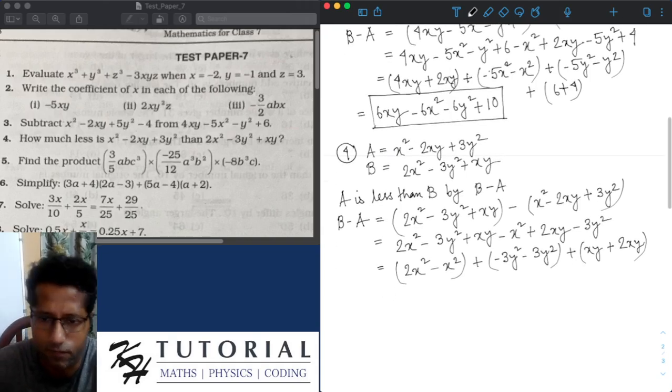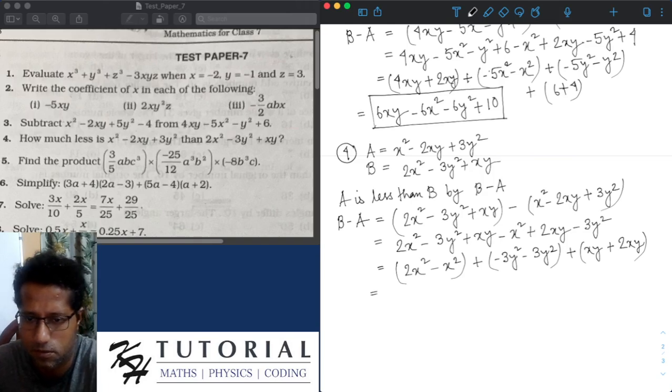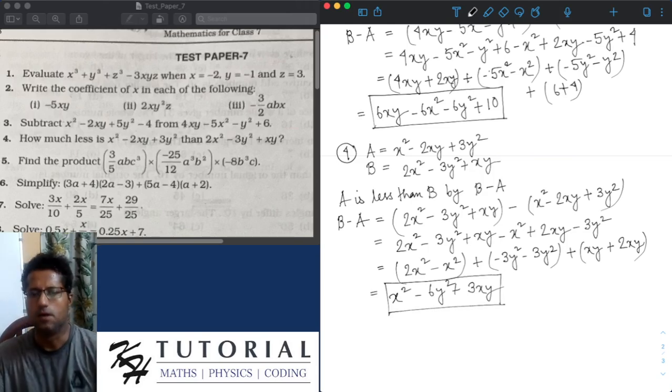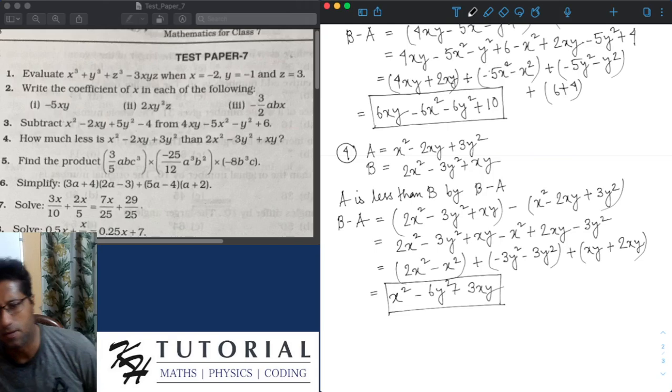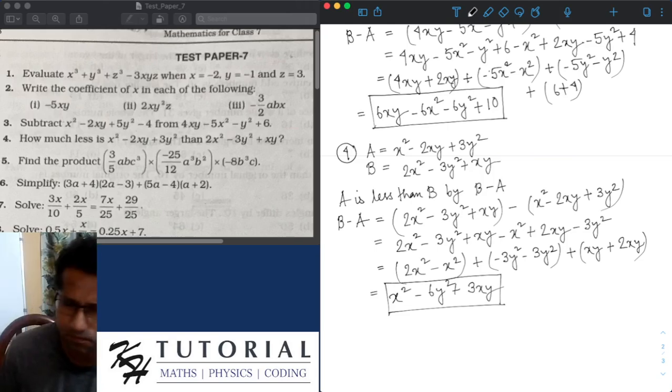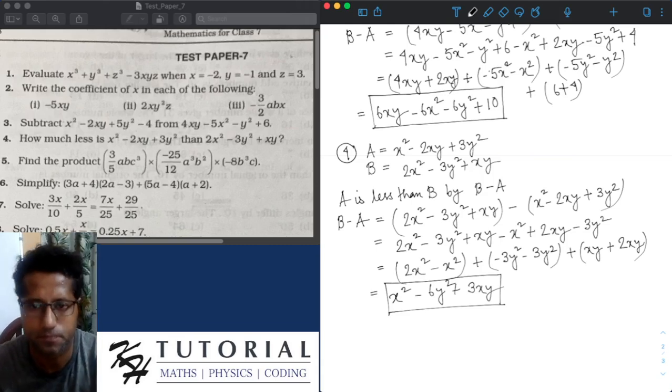Now we will add the like terms. 2x square minus x square is x square, minus 3y square is minus 6y square, and xy plus 2xy is 3xy. So this is the answer. The algebraic expression A is less than algebraic expression B by x square minus 6y square plus 3xy. Okay.